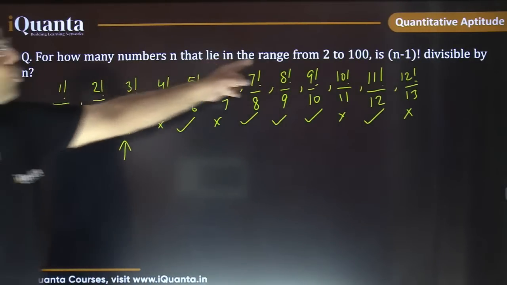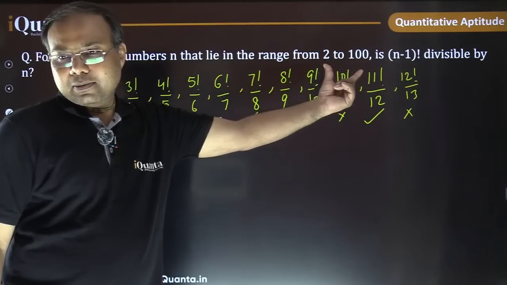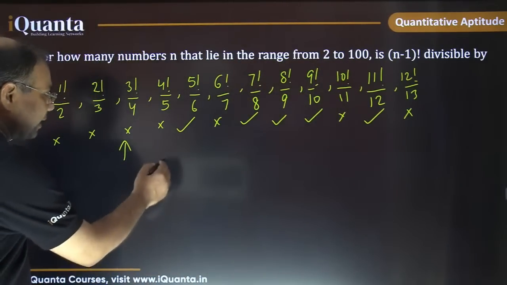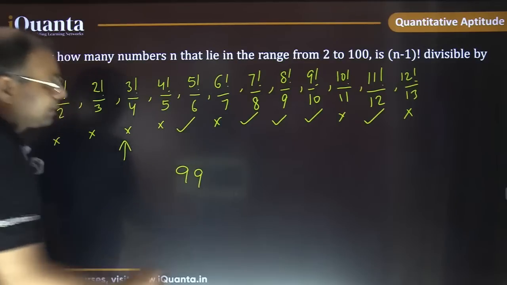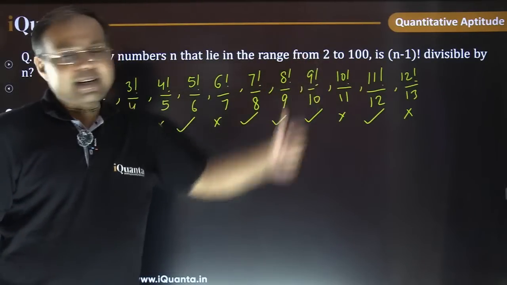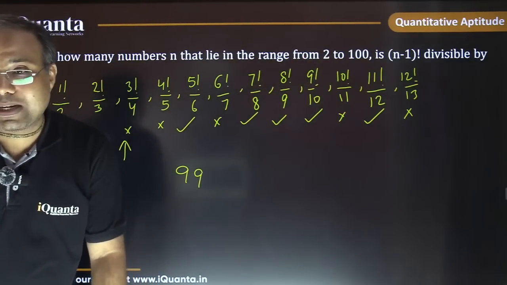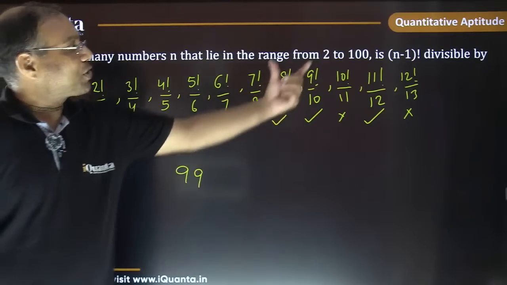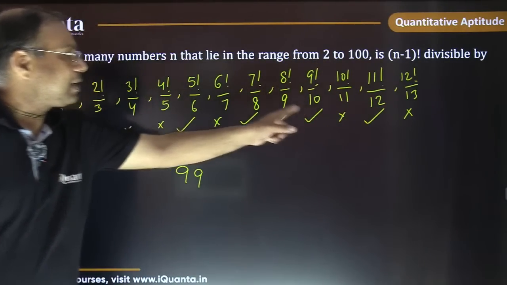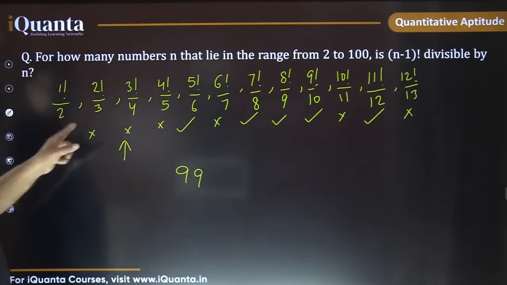So from 2 to 100, how many numbers are there? It's 99. There are 99 numbers, right? Now, out of these 99 numbers, which numbers are to be discarded? All the prime numbers: 13, 11, 7, 5, 3, 2, right?